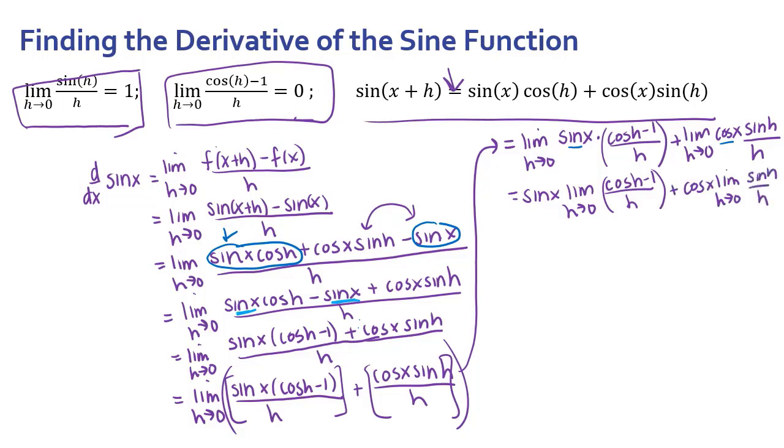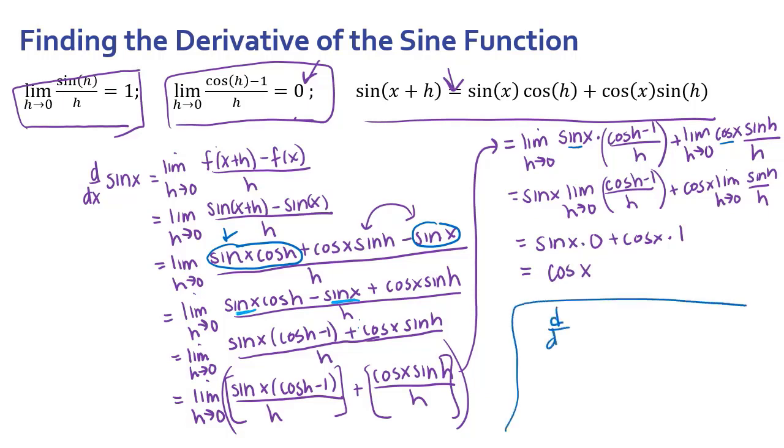And then that's where these two limits come in. So I get the sine of x times 0, plus the cosine of x times 1, which is just the cosine of x. So we've derived the derivative formula: the derivative of the sine function is the cosine function.